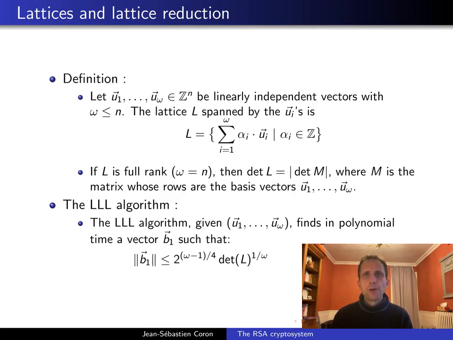So we have that the norm of B1 is less than 2 to omega minus 1 over 4, which is called the Hermite factor, times the determinant of the lattice to 1 over omega, where omega is the dimension of the lattice. That's why in the previous slide we got this factor 1/3, because the dimension of our lattice, the dimension of the matrix, was 3.